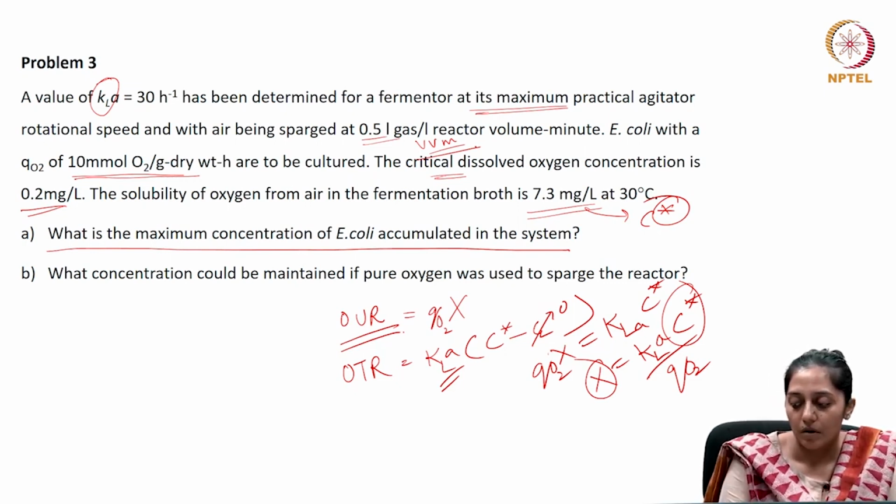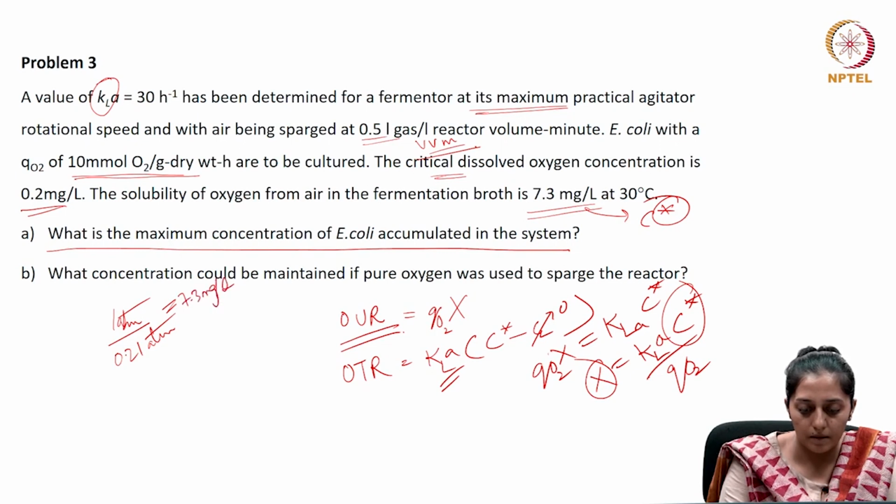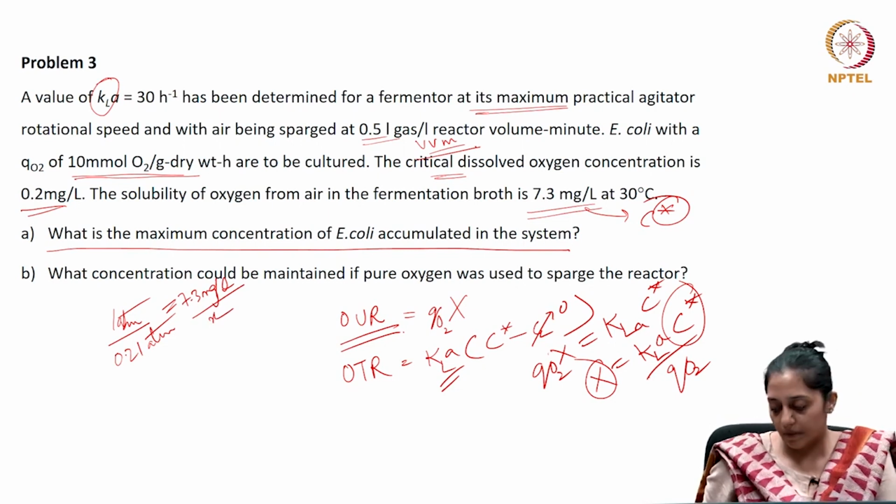Now, by Henry's law, we will use that equality. For 1 atm, where the mole fraction is now completely oxygen, otherwise it is 0.21, it is equal to 7.3 mg per liter. What will be the X value?